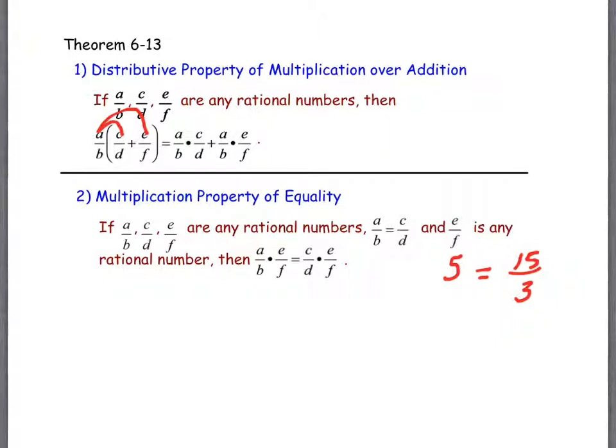They're the same thing, right? It would be perfectly okay if I multiplied 5 by 4 as long as I multiplied 15 over 3 by 4. It changes the value of both of them in the exact same way so that they're still equal to one another.